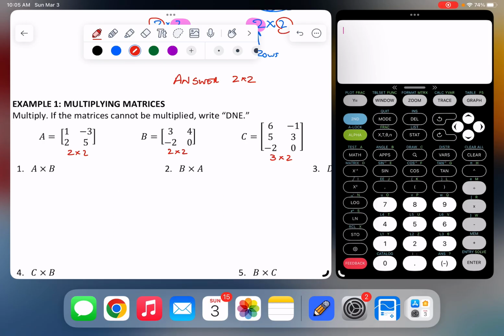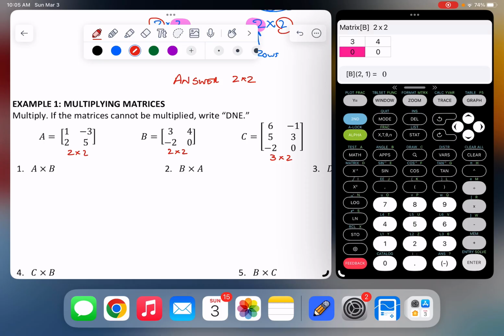So over here, we hit second and then matrix, and then over to edit. Matrix A is 2 by 2, and we type that in: -3, 2, 5. And then let's type in B: second matrix, over to edit, down to B. That one is also 2 by 2.